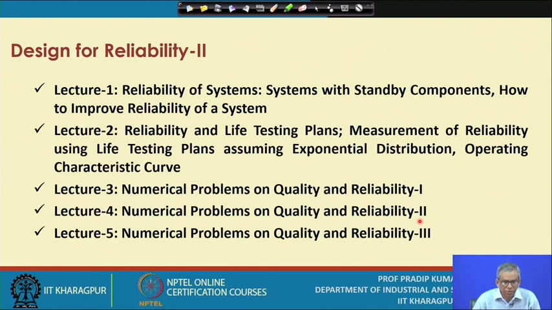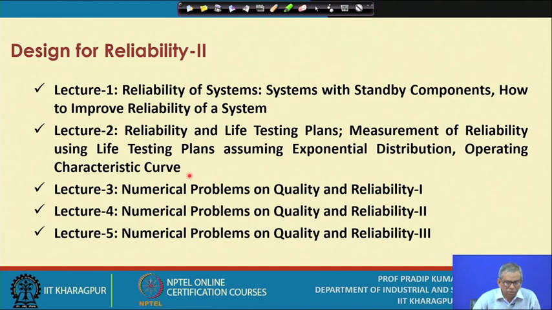There are many types of life testing plans. We will be discussing all these plans one by one, and essentially we will be focusing on measurement of reliability using life testing plans assuming exponential distribution, and we will be also referring to the operating characteristic curves like we have for the sampling plans as well as for the control charts.